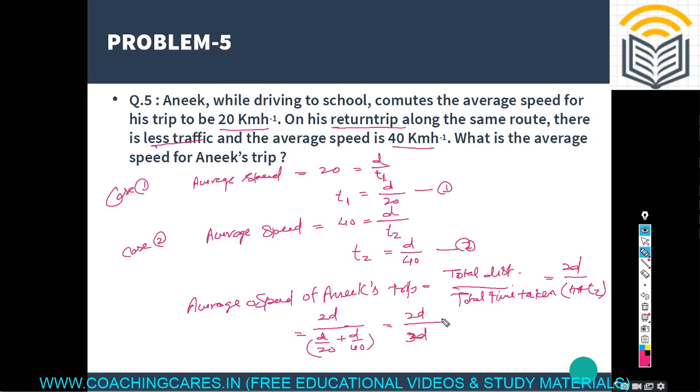3d by 40. So you just cancel d, that will be equal to 80 divided by 3. So the final answer will be 26.67.